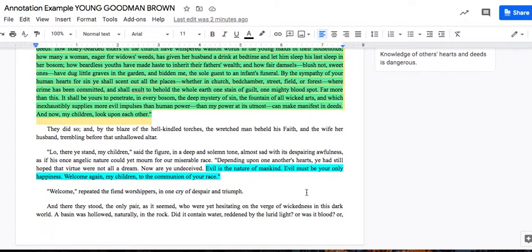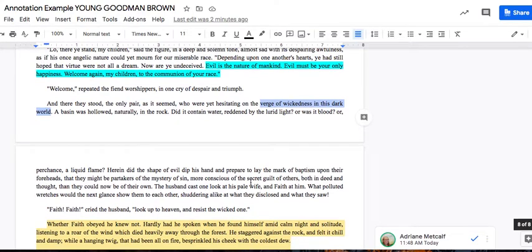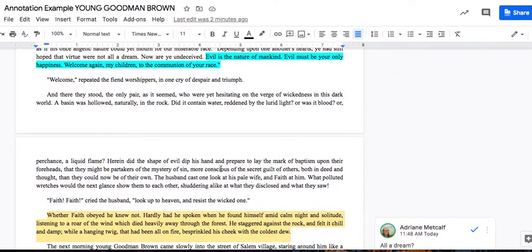All of this. Oh, here we go. And there they stood, hesitating on the verge of wickedness in this dark world. They might be partakers of the mystery of sin, more conscious of the secret guilt of others, both in deed and thought. There we go.